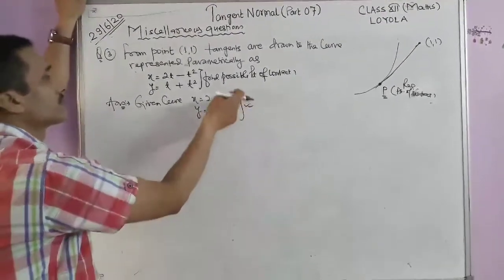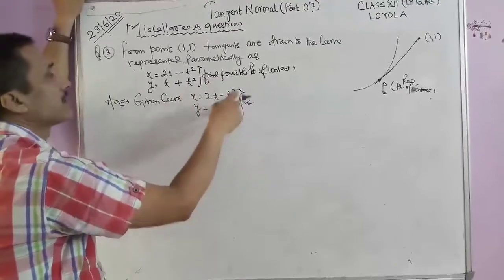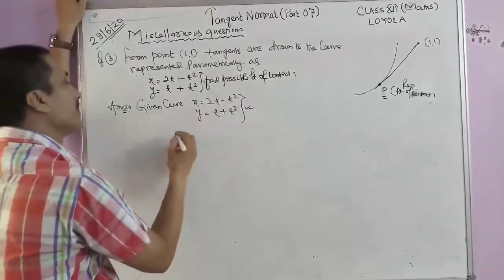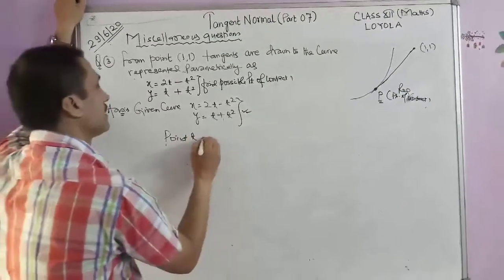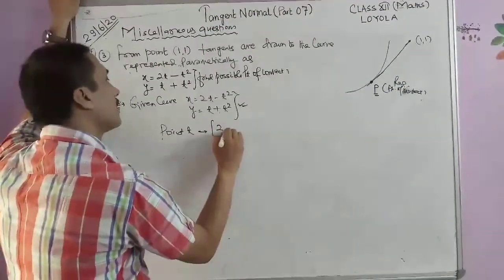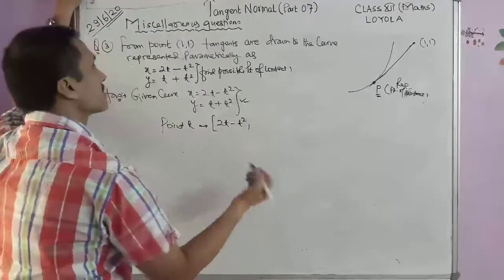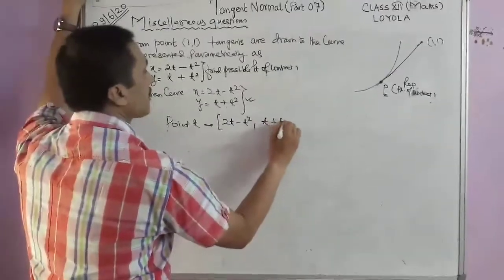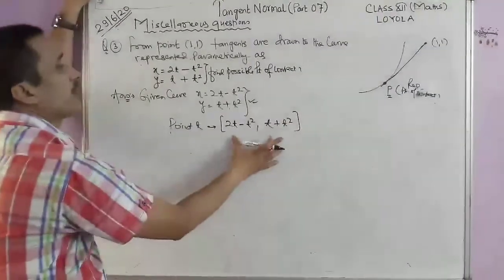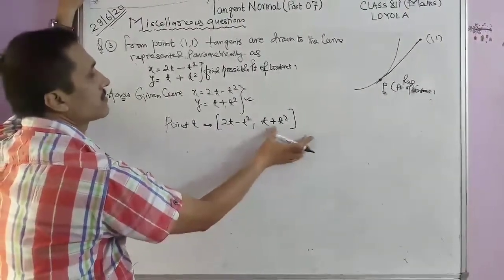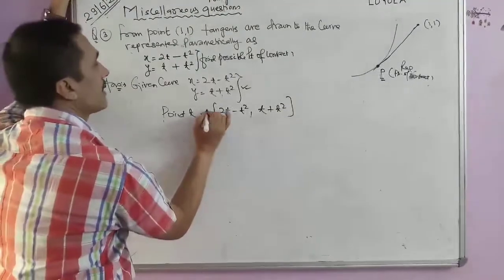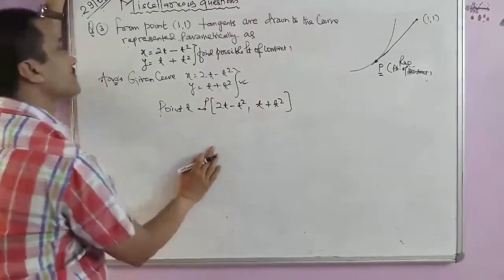Any point P on the curve may be (2t minus t square, t plus t square). We say it point P.